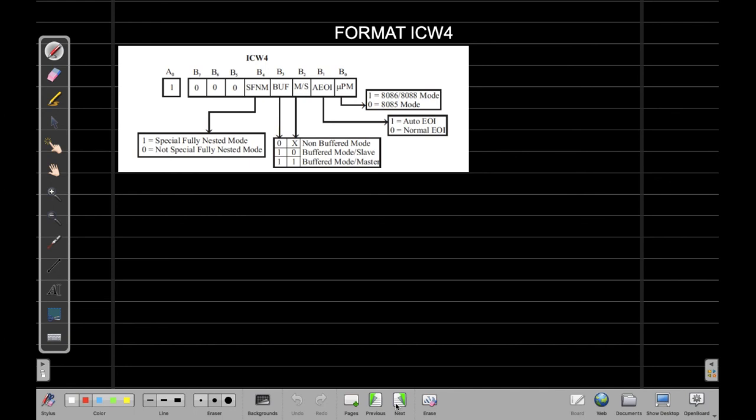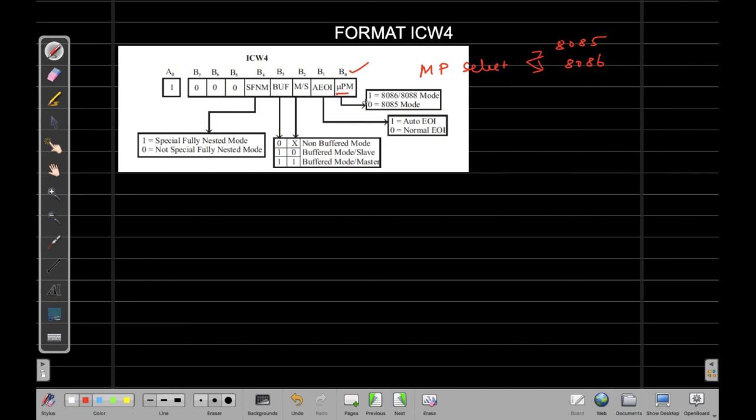What is there in ICW4? ICW4 has the following options. The first bit is called uPM. This is the microprocessor select bit. The 8259 IC can be interfaced with 8085 as well as 8086 versions of microprocessor. So this can be selected here.